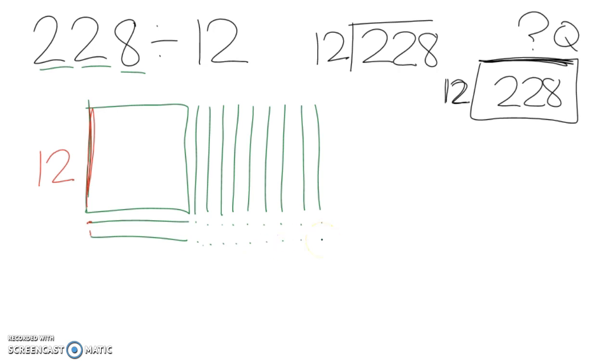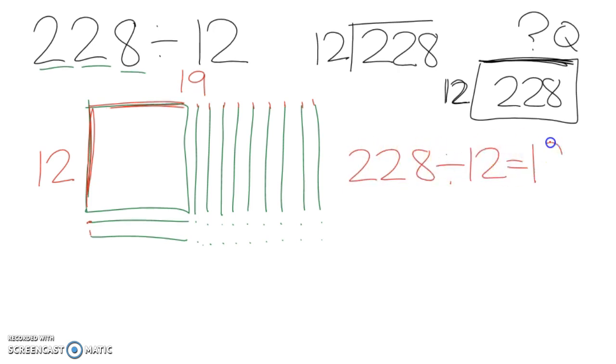Let's figure out what the quotient is. 10, 11, 12, 13, 14, 15, 16, 17, 18, 19. 228 divided by 12 equals 19. And let's make a connection with this last problem so that you can see how this fits into the box model.